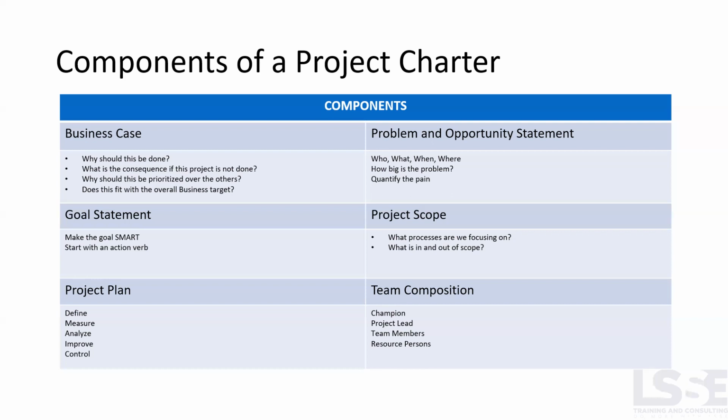If you're in a small organization where you have the flexibility, then you probably would not need a business case if the boss agreed that you have to focus on this project. But in my experience, in big organizations, you would have to build a business case, because it's not just you pitching to your boss, but sometimes the boss will have to pitch to the higher-ups that this yellow belter has to focus on this project because it is aligned to the overall organization's target.